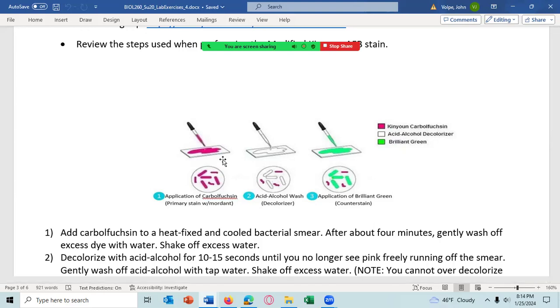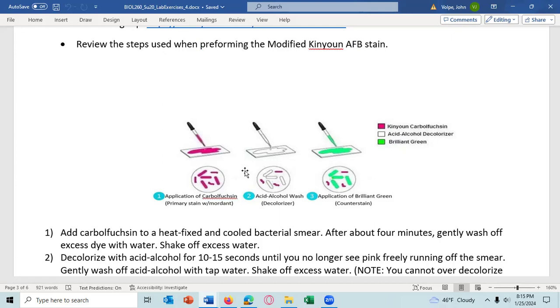You then apply the decolorizing agent, and it will pull the carbol fuchsin out of the vegetative cells. So they will appear clear.